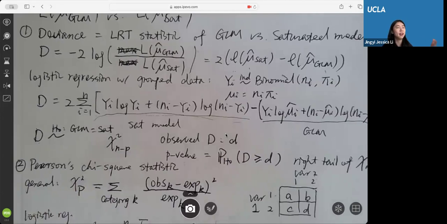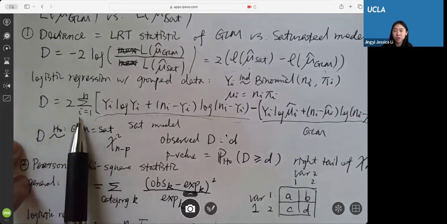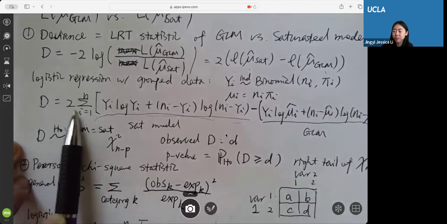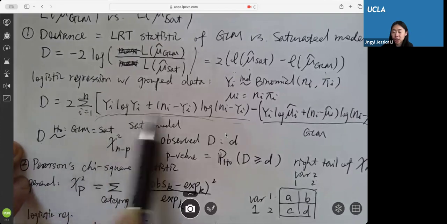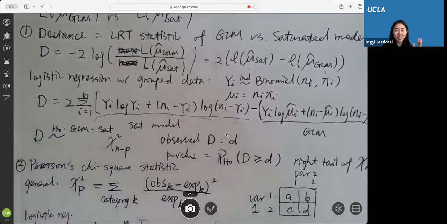The reason is that the likelihood function, if the observations are independent, is a product of individual observations' probabilities, so we have the sum over observations. Inside the sum, each term is contributed by the ith data point. So we take that out and we call that the deviance residual.